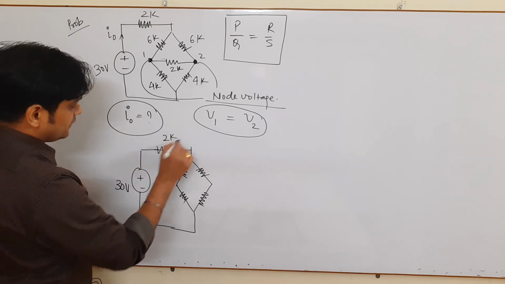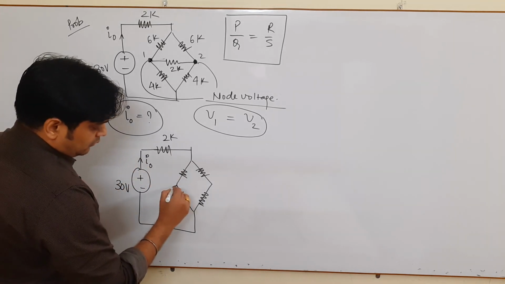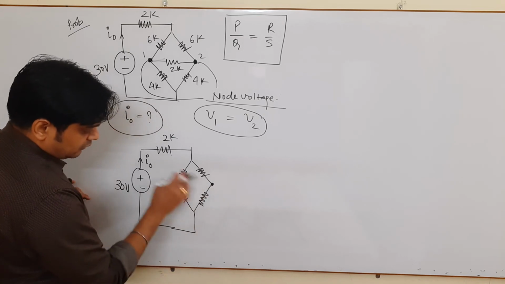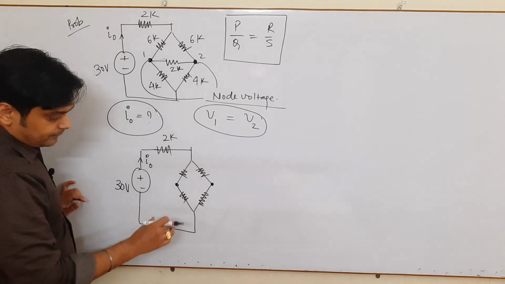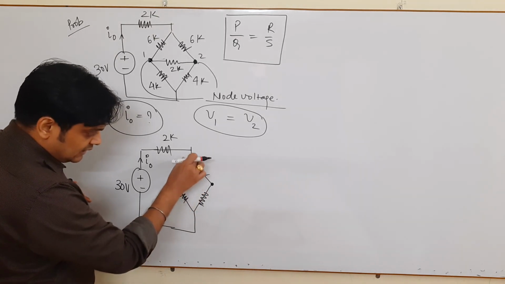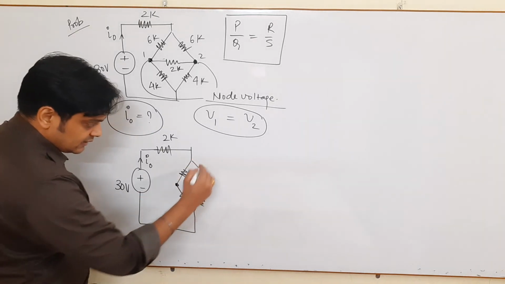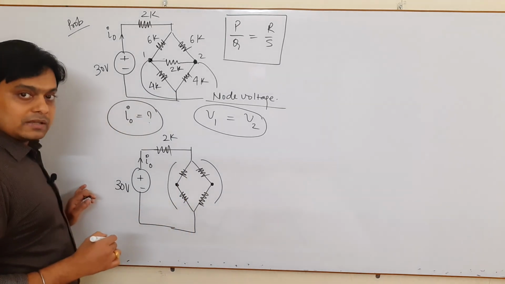This is 2K, and here is the current I naught. Because the bridge is balanced, as we have found, no current will enter here. That means these two branches come into parallel, this branch and this branch, both branches come into parallel.